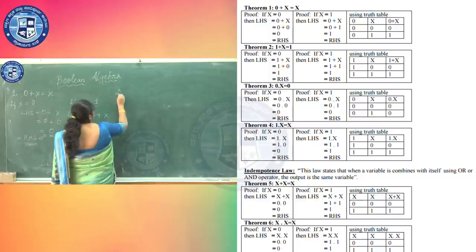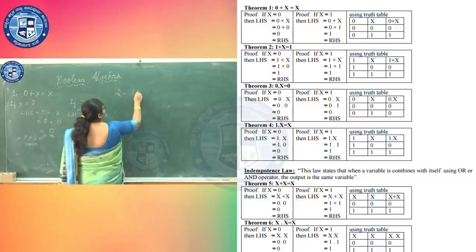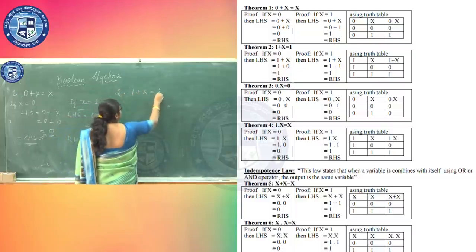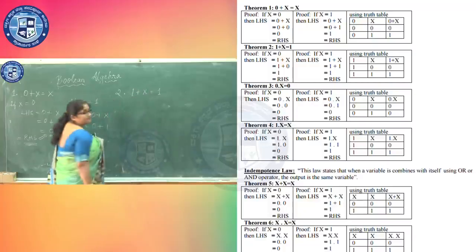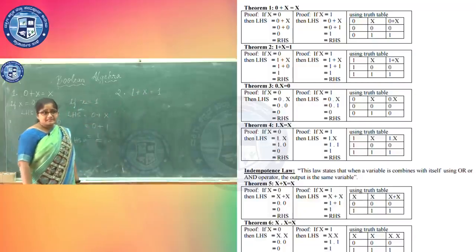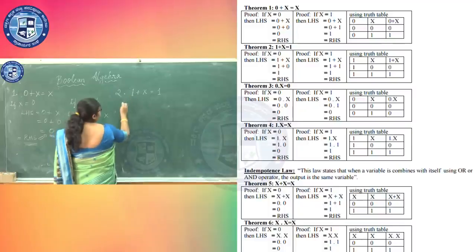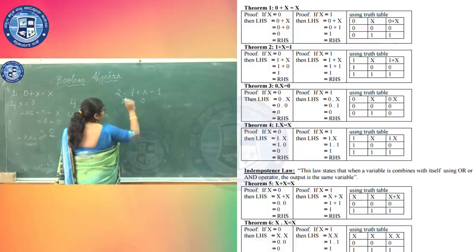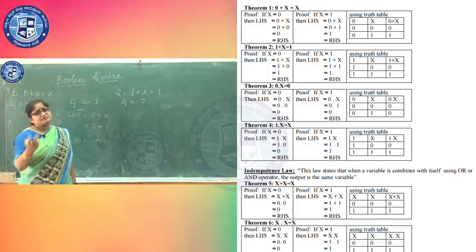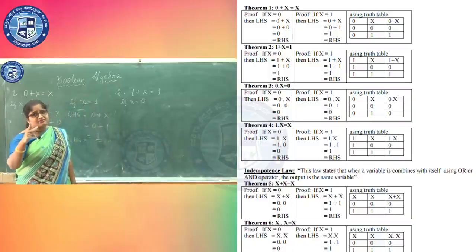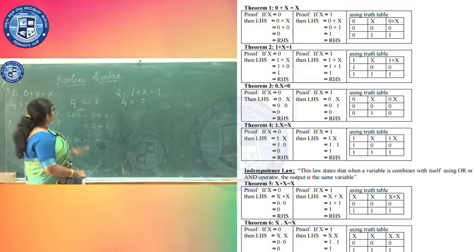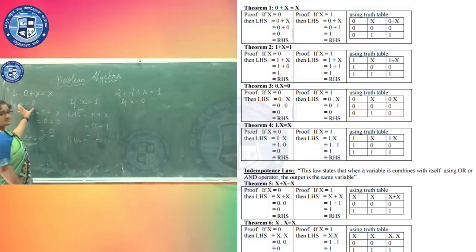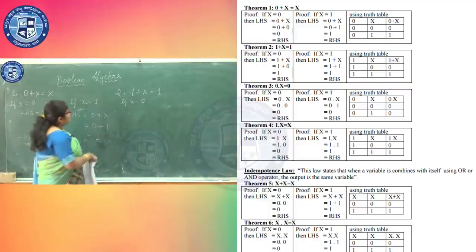Theorem 2: 1 plus x is equal to 1. So we shall take the LHS. If x is equal to 0, see, in Boolean algebra we have only two values, that is 0 and 1. So we are proving it by putting once the x value as 0, then the x value as 1.